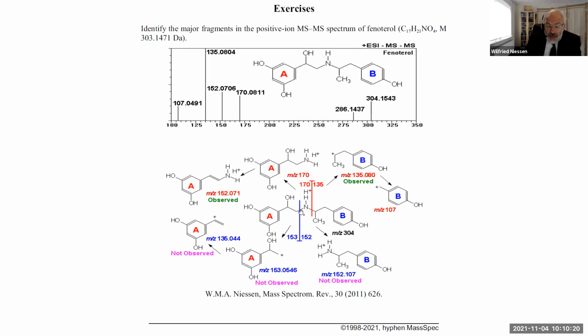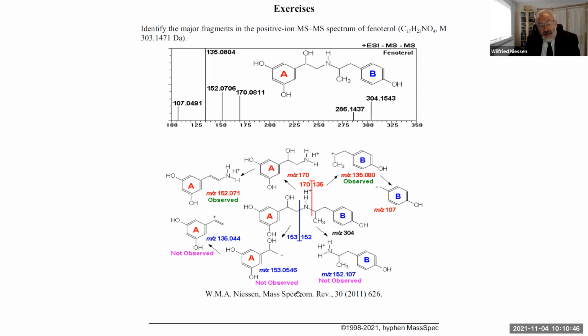Whereas none of the ions related to the cleavage at the left-hand side of the nitrogen are observed. And so all these ions are not there, and the two ions with 135 and the two ions with 152, which we proposed, have different elemental composition, so they have different accurate mass, and it's something that you can see from the values I have.